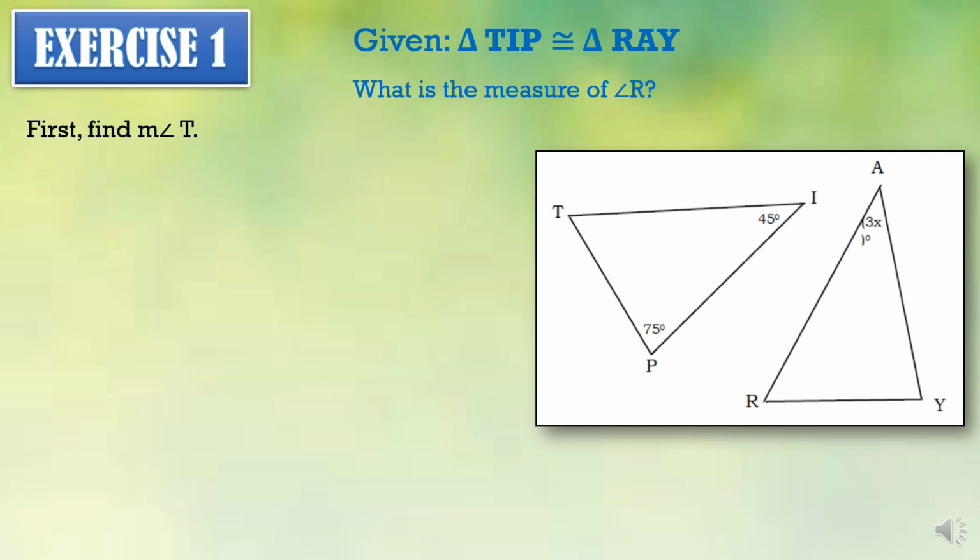First, find the measure of angle T. Since the sum of the measures of the angles of a triangle is equal to 180 degrees, the measure of angle T is equal to 180 degrees minus the sum of 45 degrees and 75 degrees, which is 180 degrees minus 120 degrees. The measure of angle T is equal to 60 degrees.